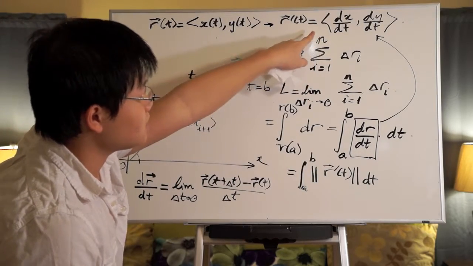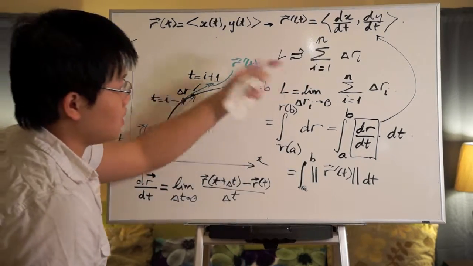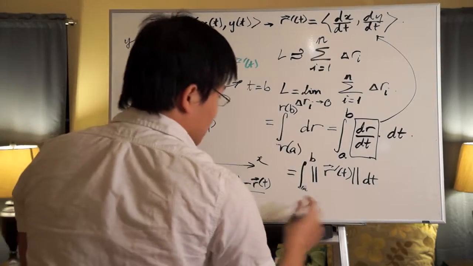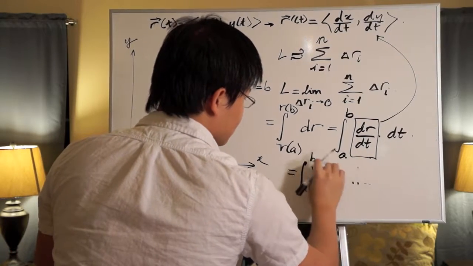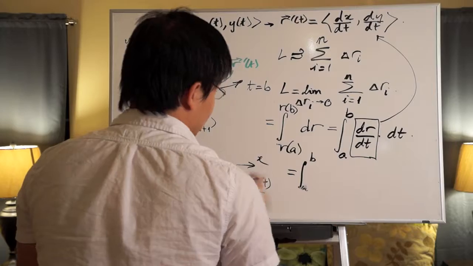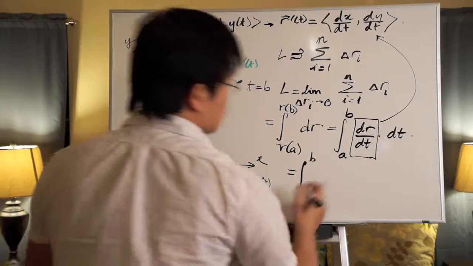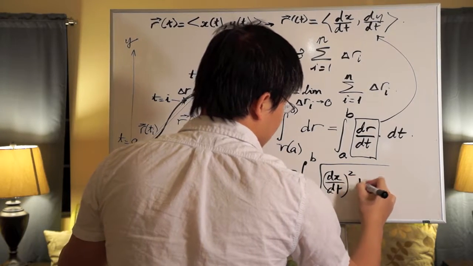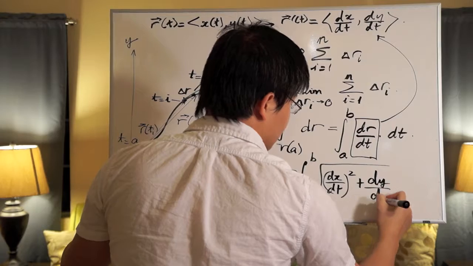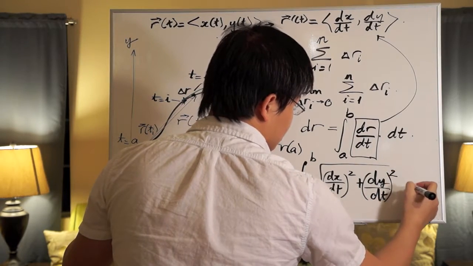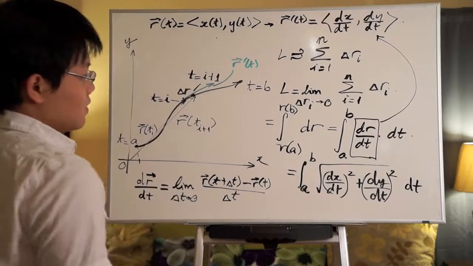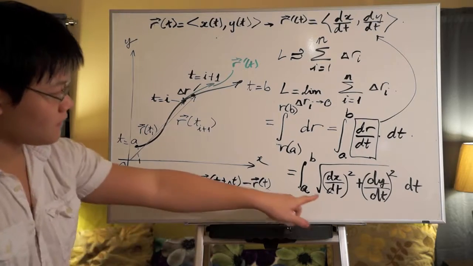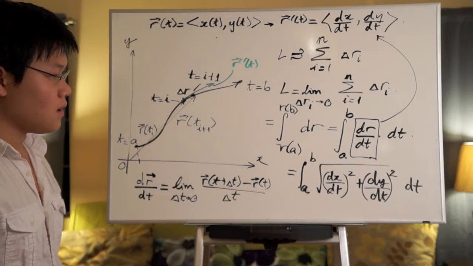The magnitude of any function is just applying the Pythagorean theorem. So we change all this from vector to scalar, and especially in 2D, it will be the square root of (dx/dt) squared plus (dy/dt) squared, dt. So this is your general form to calculate the length of a curve. This will be this equation. Thank you very much.